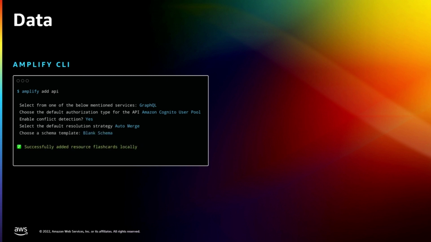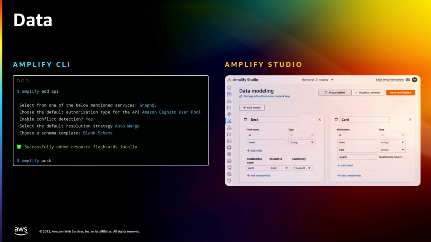And then you can start off with a schema that Amplify provides for you and change that, or you can create your own, which is what we did. Once you add it to your GraphQL schema, you just run amplify push, and it will send your changes to the cloud and automatically generate the code for your API as well. And again, if you're a visual person, you can do all of your data modeling through Amplify Studio.